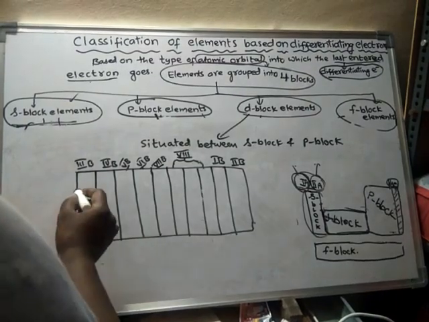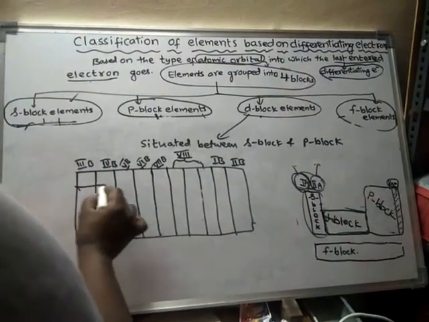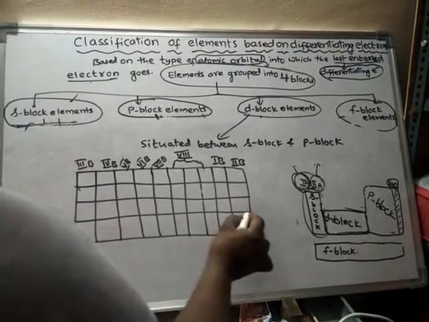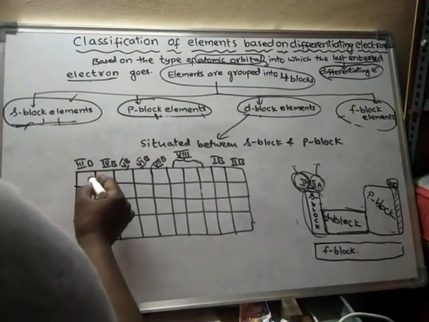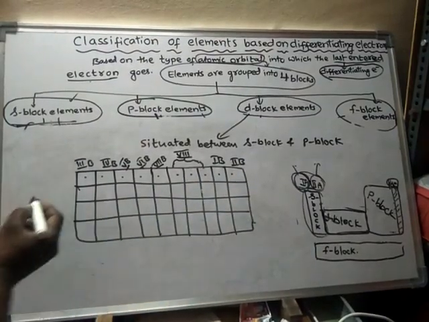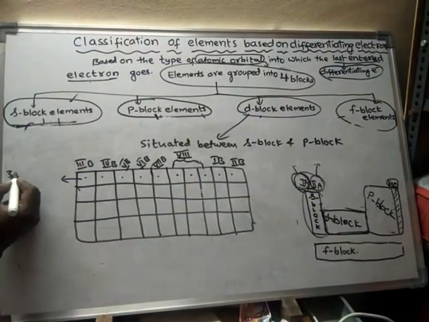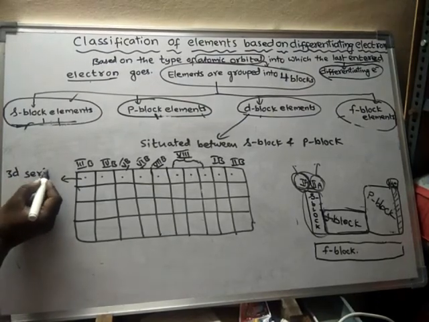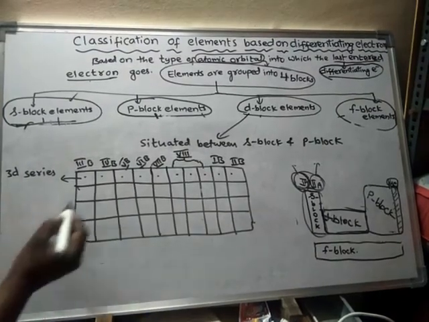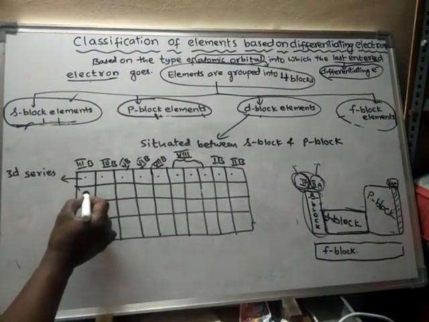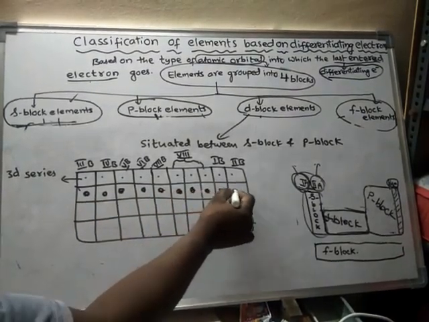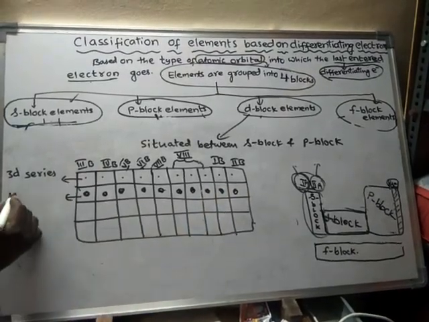So all the D block elements are classified into 4 series of elements. This series has 10 elements, and is called the 3D series. Now these elements are called the 4D series elements.